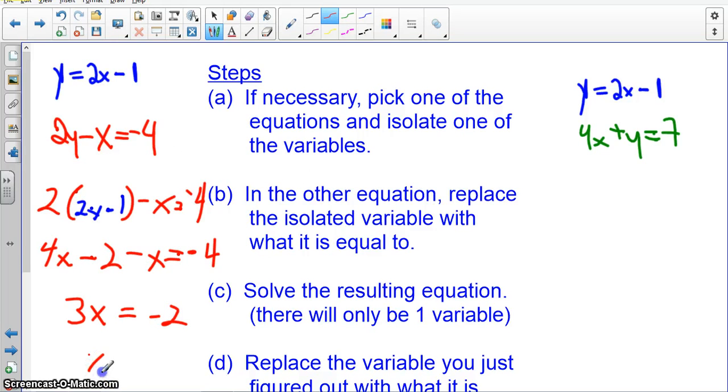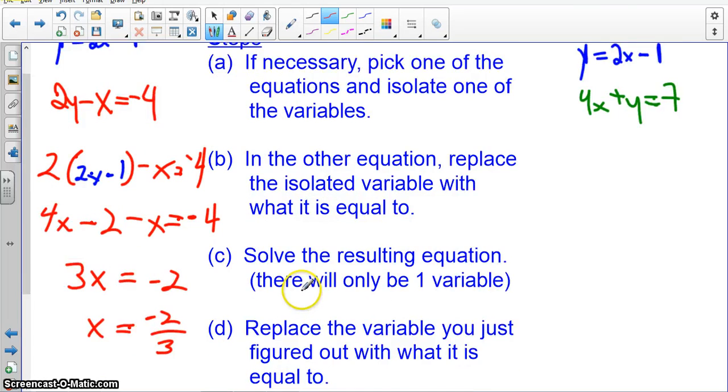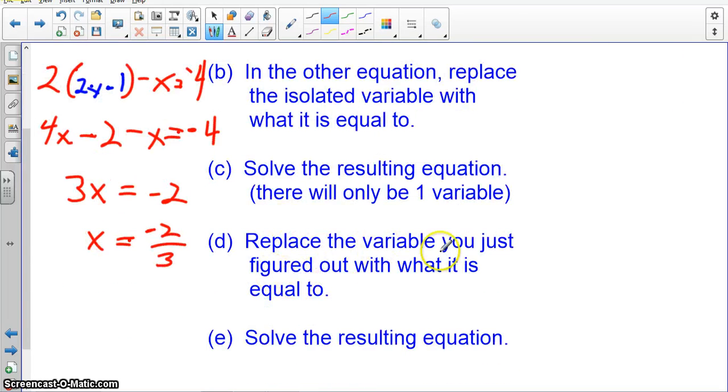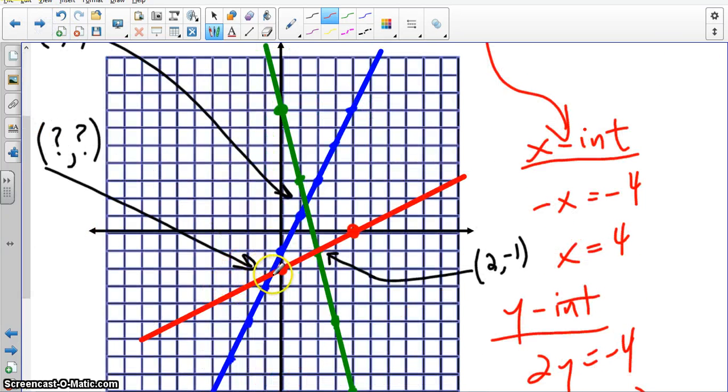And so x equals negative 2/3. Okay? So that's steps B and C that I just did, and then steps D and E, we replace what I just figured out. So this is half the answer. And actually, if I go back to the picture, voila, I believe that this is negative 2/3 right here. The x coordinate of this point being negative 2/3 seems very plausible to me. That looks about right.